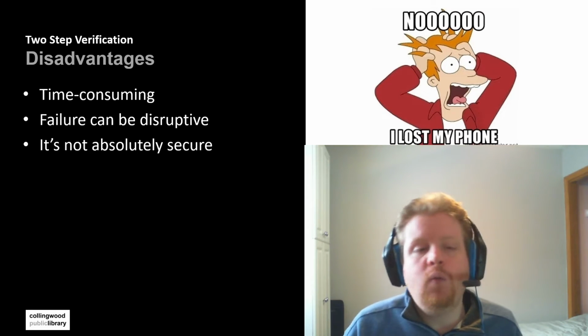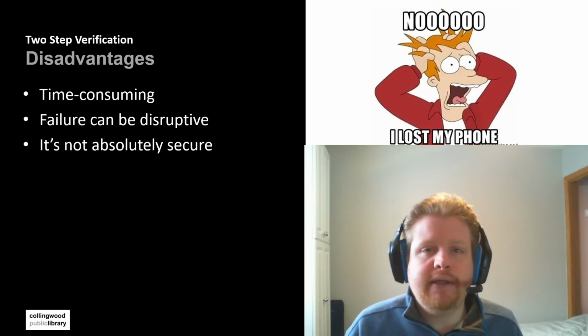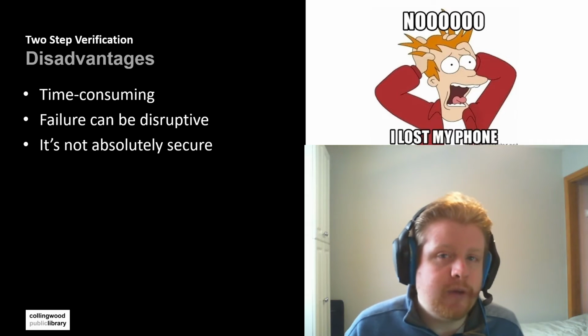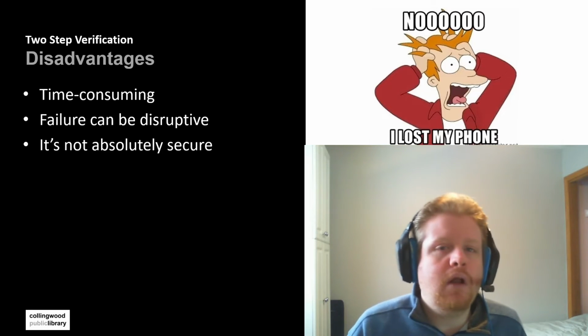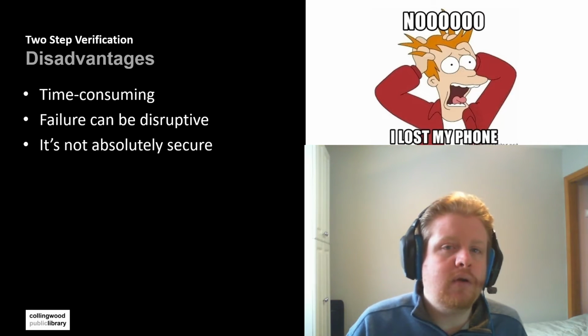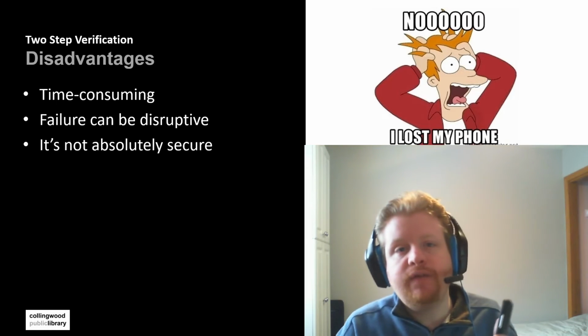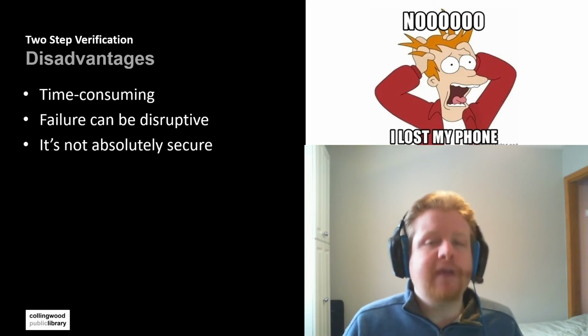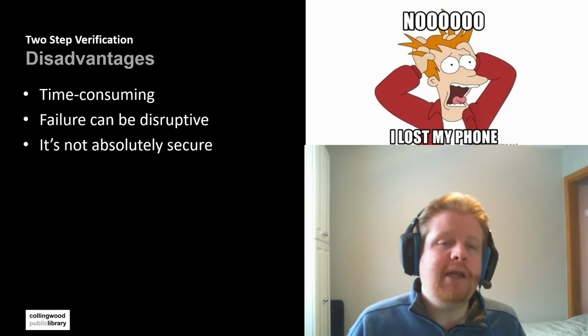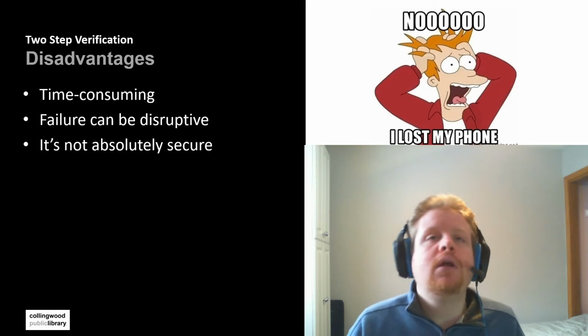However, the second disadvantage is failure. Failure can be disruptive. So what I mean by this is because we have to rely on another communication device, such as your cell phone or another email account, in order to get the secret code, stuff can go wrong. So there could be an error when it sends the code.